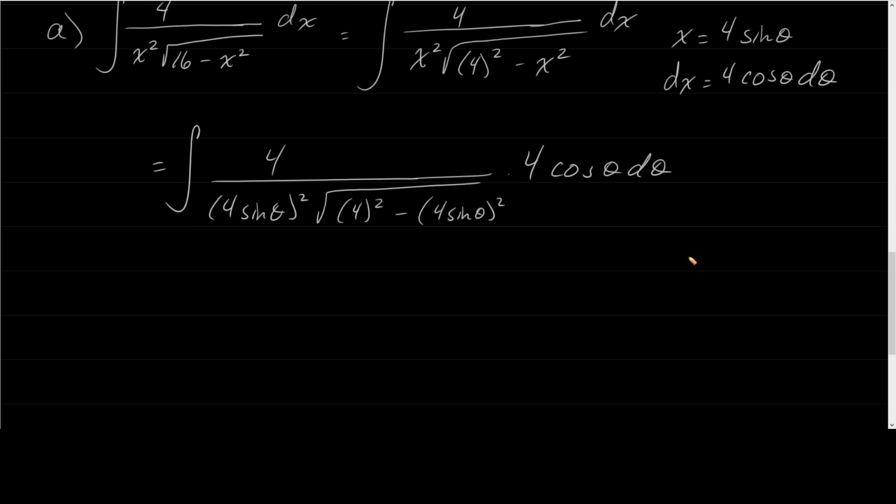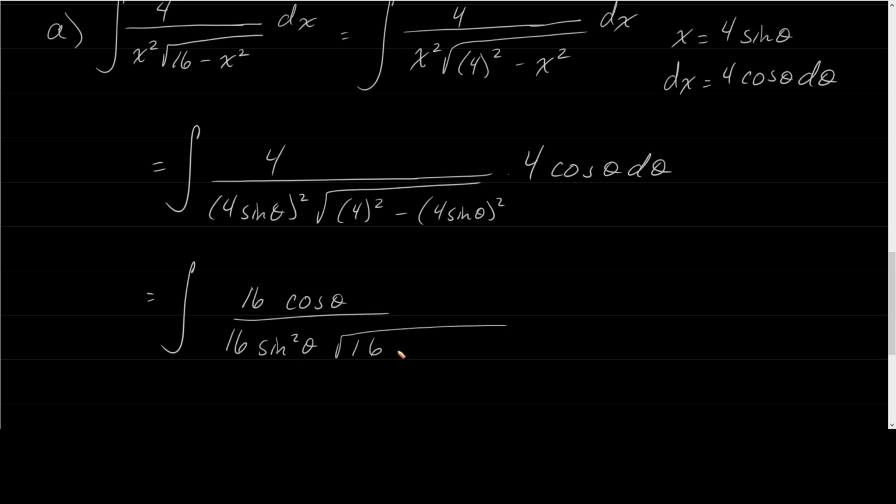On the numerator, 4 times 4 cosine theta is just 16 cosine theta. On the denominator, 4 sine squared is 16 sine squared theta. And inside the radical, for now, I'm going to go back to rewriting as 16 minus 16 sine squared theta, and all of this d theta.